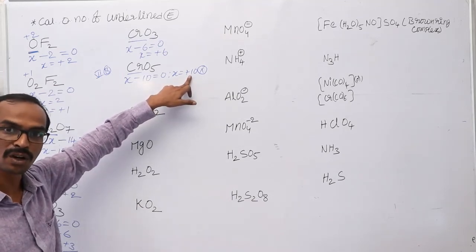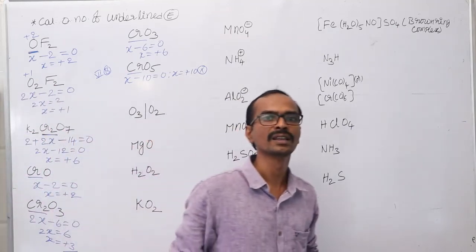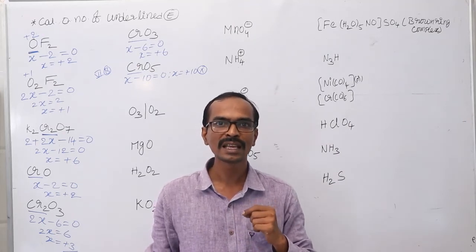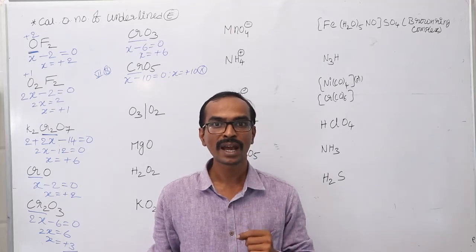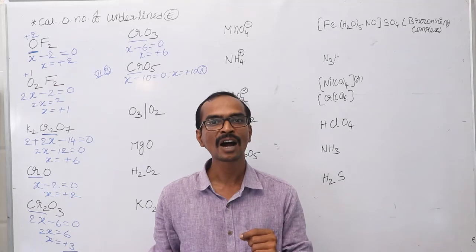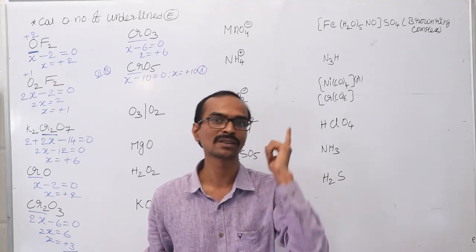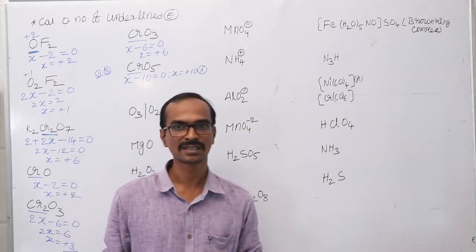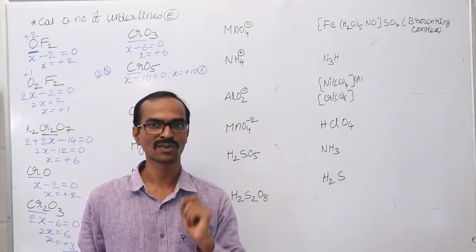So it is wrong. The most important model, my dear friends, listen carefully. If the oxidation number of any element calculated in this process is obtained more than its group number, we have to assume that the molecule is having a peroxide bond. If one peroxide bond is there, two oxygen atoms are having minus 1 oxidation state.